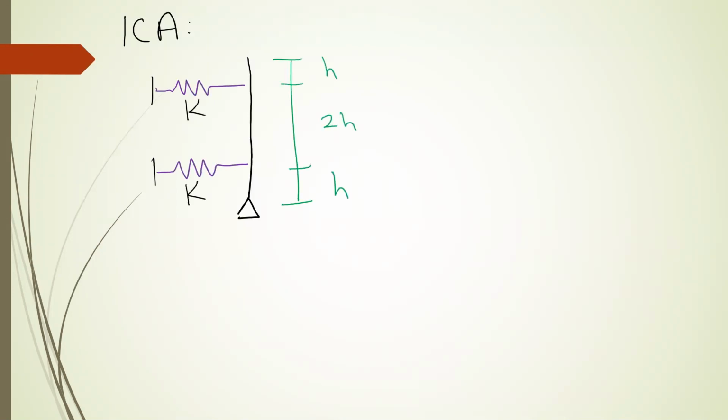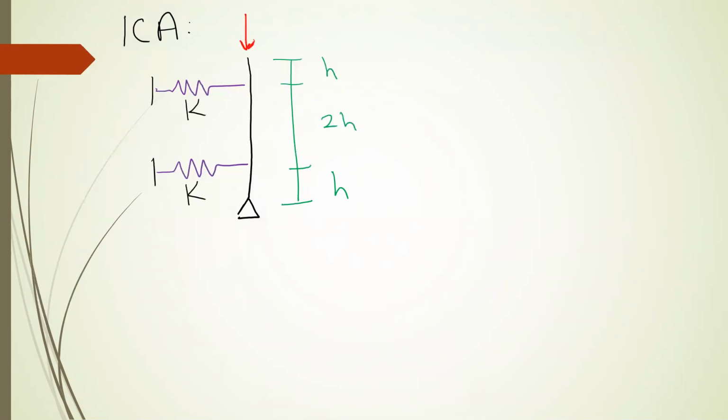Here we have a column with 2 springs, each of which has a spring constant K. Same K value, so 2 identical springs. And the dimensions are such that this is H, this is 2H, and that's H once again. It's a pin at the bottom.